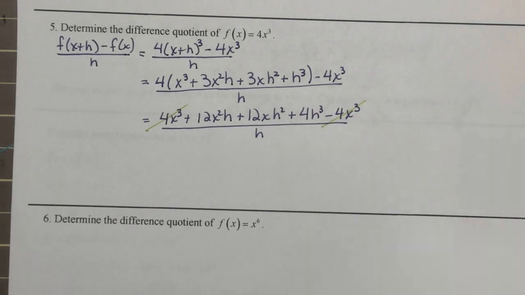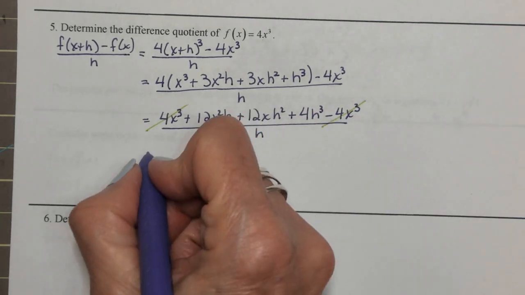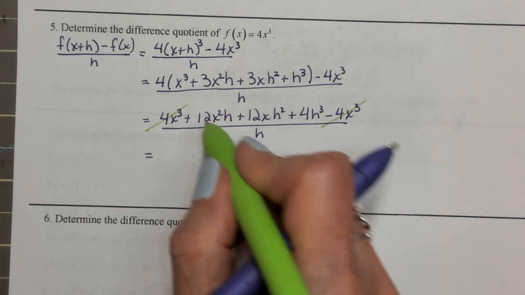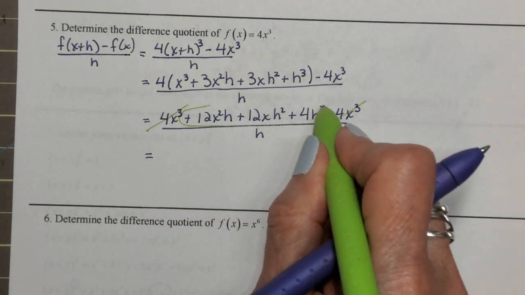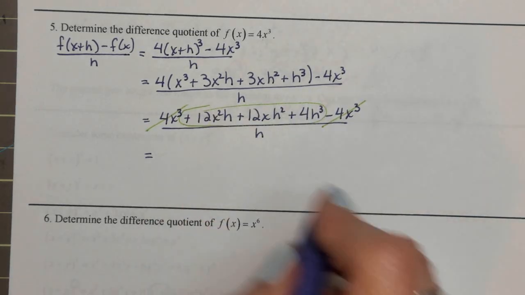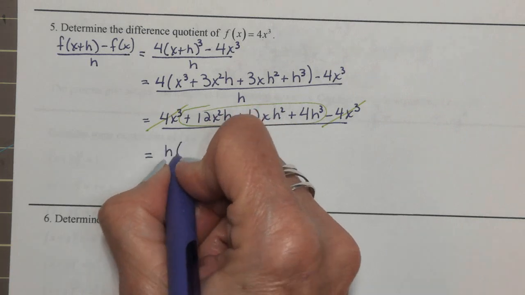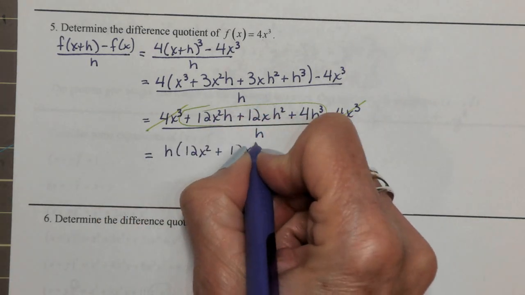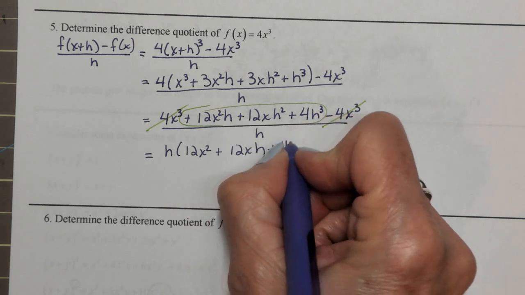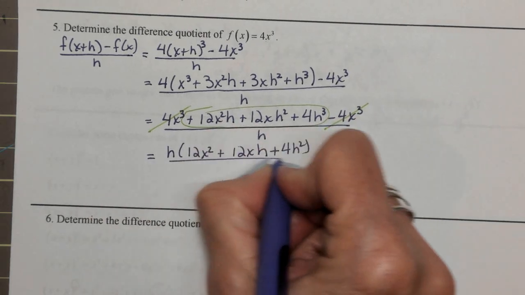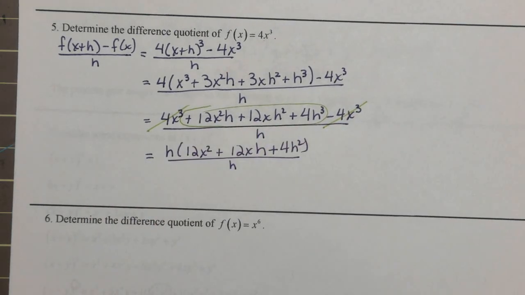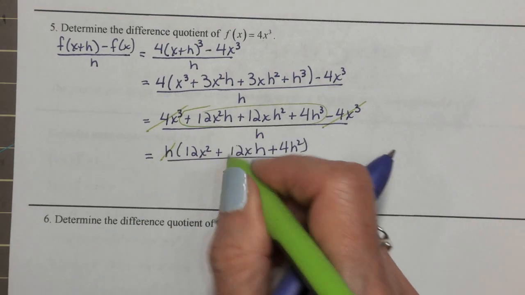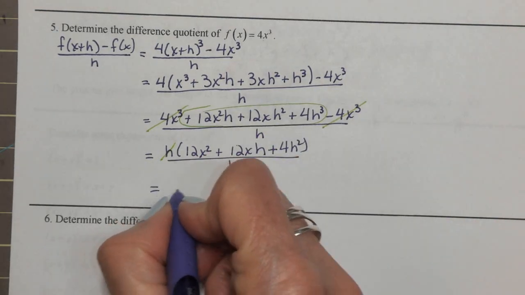Our 4x cubes cancel out, and everything that is left has an h in it, so I'm going to factor out an h. I'm just taking out an h. And now I can reduce my h's, and I get my difference quotient.